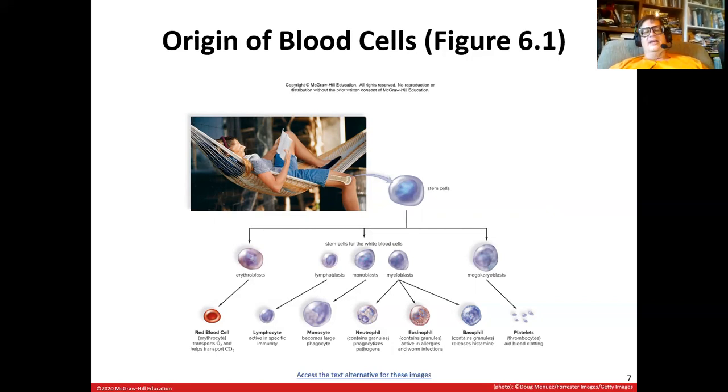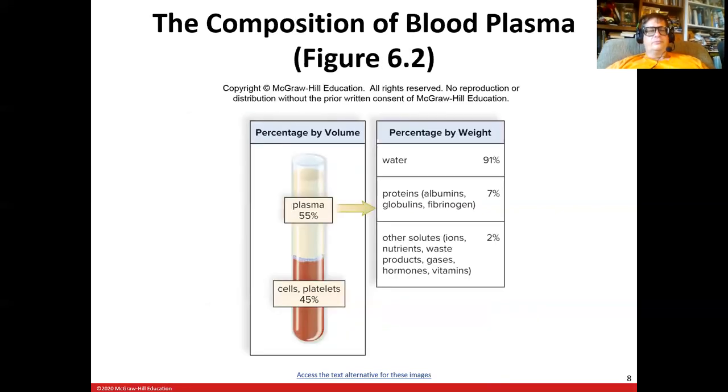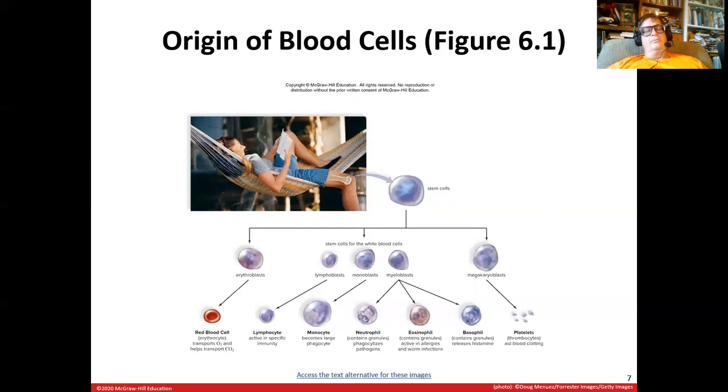They can make any of the formed elements that are needed. There are other types of white blood cells which are more powerful. We call those totipotent. They can make totally anything. Anyway, but let's move on. Oh, to be clear, there are no totipotent cells that I'm aware of in bone marrow. Bone marrow has pluripotent stem cells.